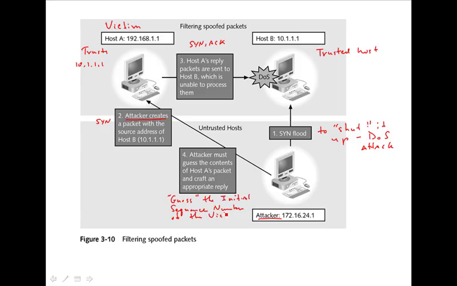Now, recall how TCP works. The victim will generate a number, the initial sequence number, and send it in the return packet that actually goes up here to the trusted host.